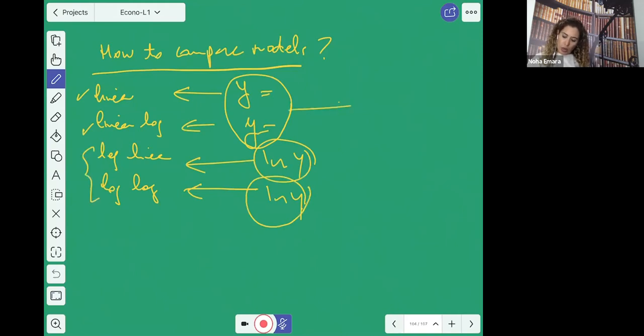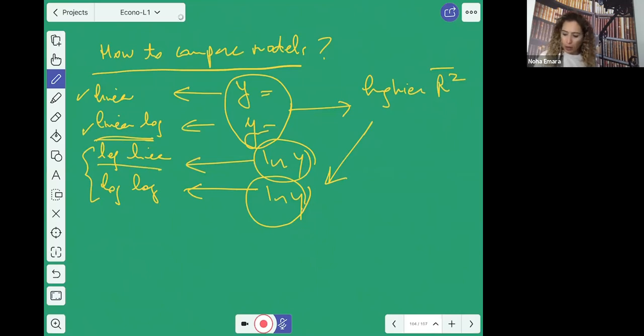And choose the one that has the higher R square or adjusted R square. Same goes here. Compare between these two models, choose the one that has the higher adjusted R square because this would imply that it has a higher explanation to the model. Okay, you can never compare a linear log with a log linear because y here is linear and this one is in percentages.